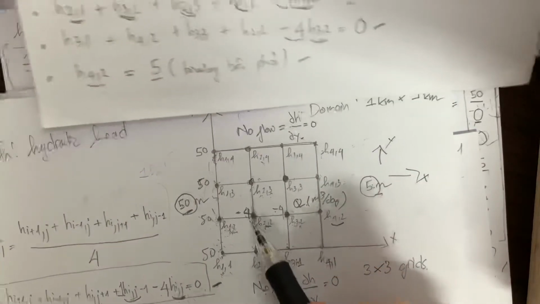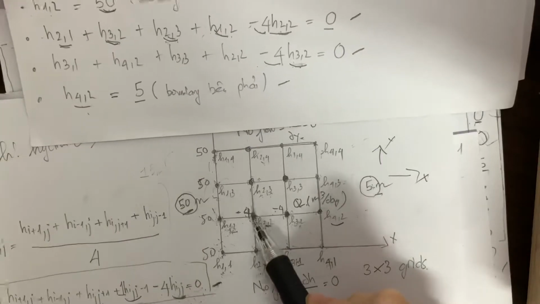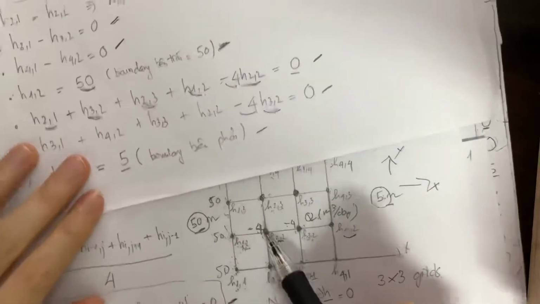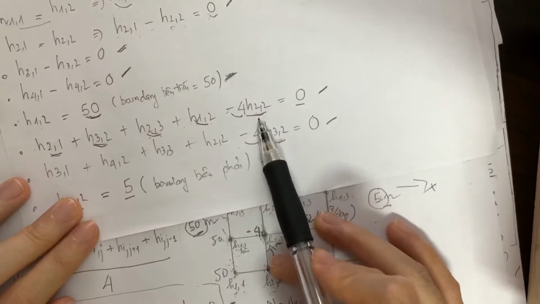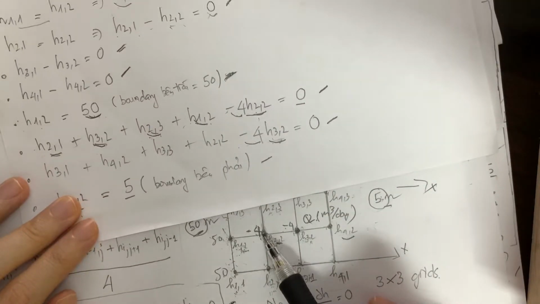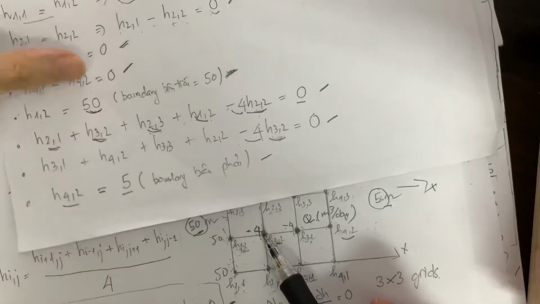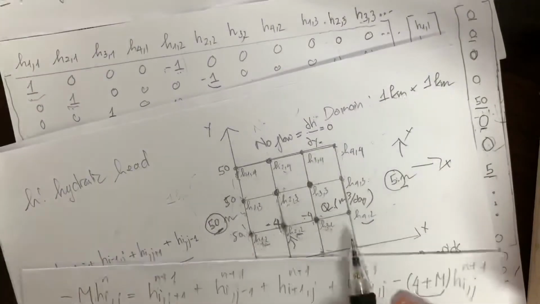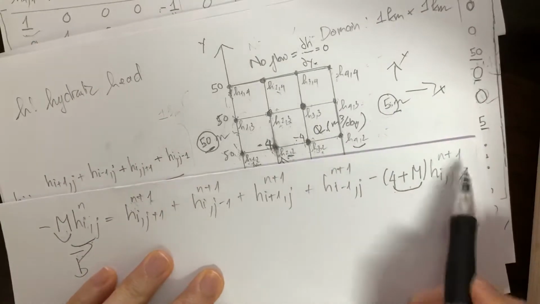So in the interior nodes, instead of the Laplace equations like this, in the situation of the transient flow, you just use these equations for the interior nodes.